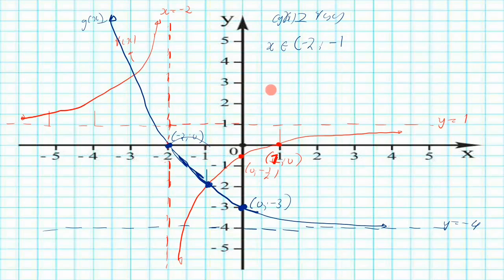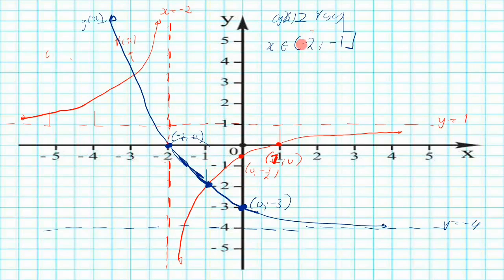But then remember, with this one we need to ask ourselves, what bracket should we use? Because they're saying it must be greater or equal to, that means -1 is also part of the solutions. So note here, we must use a square bracket to indicate that -1 is also part of the values, because they said where g of x must be greater or equal to f of x. So we can see that at point -1, the two graphs are equal.